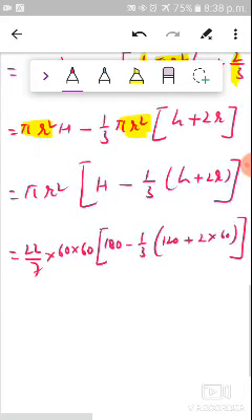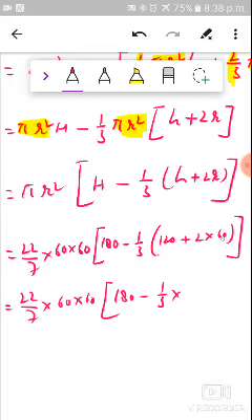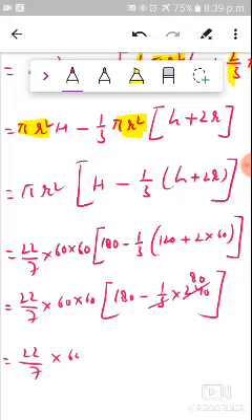Now we will solve it. 22 by 7 multiplied by 60 into 60, 180 minus 1 by 3 multiplied by 240, and 240 by 3 is 80. So 22 by 7 multiplied by 60 into 60 multiplied by 180 minus 80, that is 100.